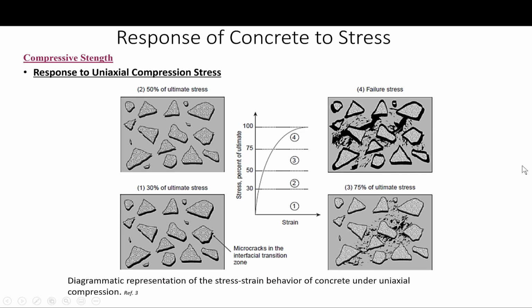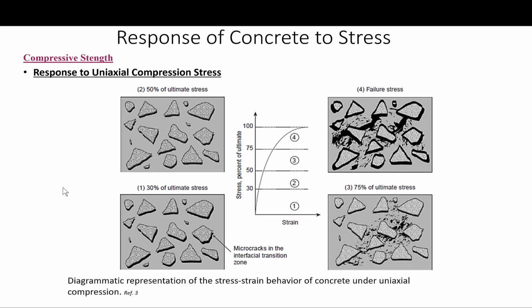Under normal atmospheric exposure conditions, when a concrete element is subjected to drying or thermal shrinkage effects, due to the differences in their elastic moduli, differential strains are set up between the paste, the matrix, and the coarse aggregate, causing cracks in the interfacial transition zone, as we said before.